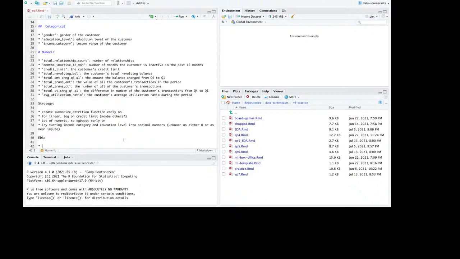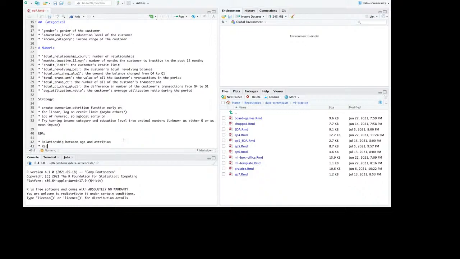We're going to want to know the relationship between age and attrition. So that's a summarize and a line plot. A lot of these are going to be line plots, whereas scatter plots don't work well when we have this outcome.